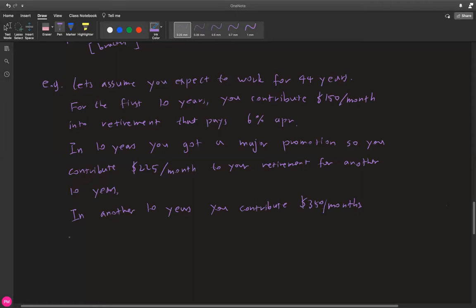And in under 10 years, you contribute $500.